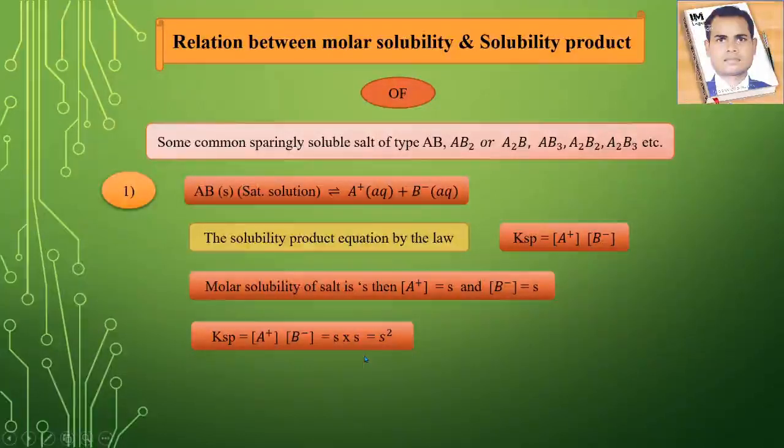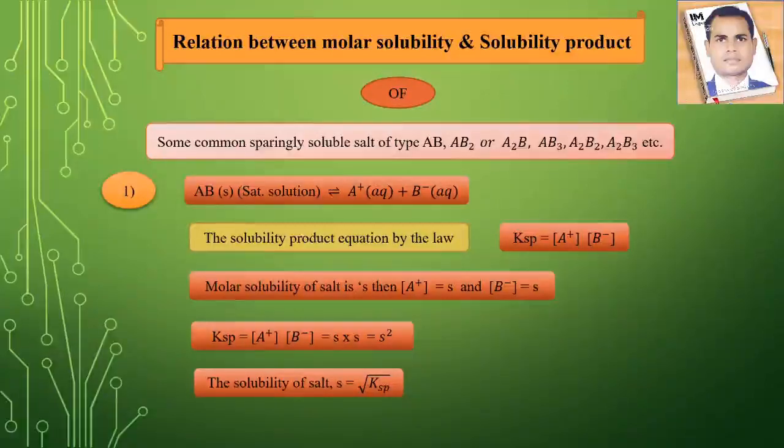So the solubility of salt, S, is the square root of KSP. We can denote that for the type first, AB.